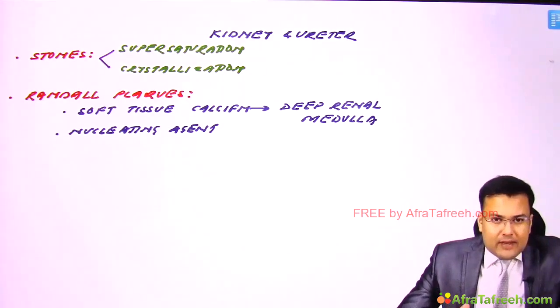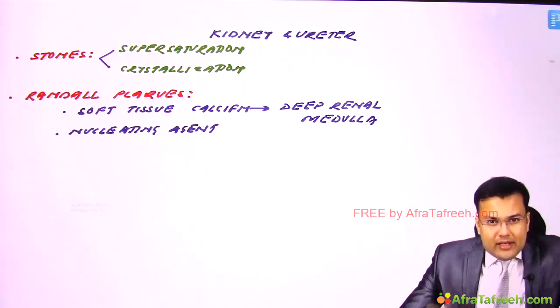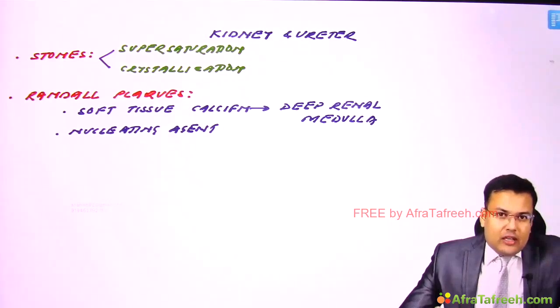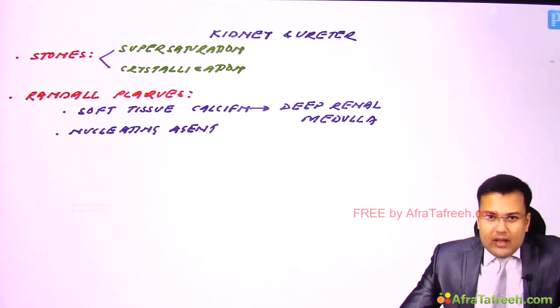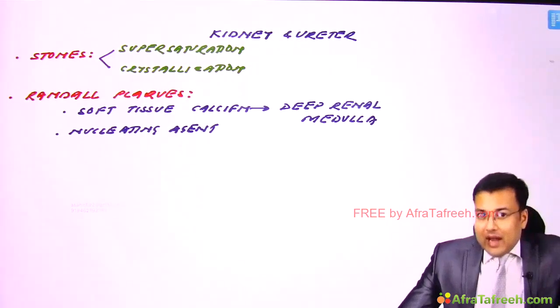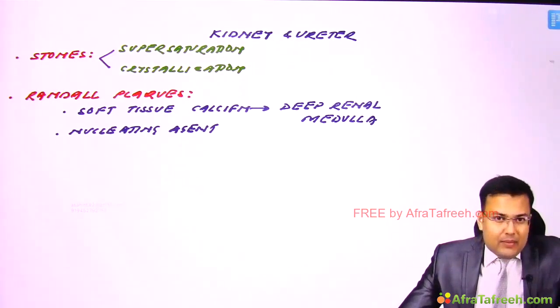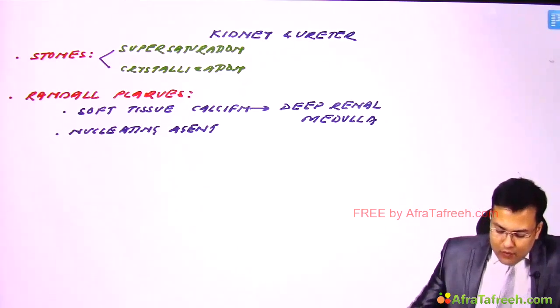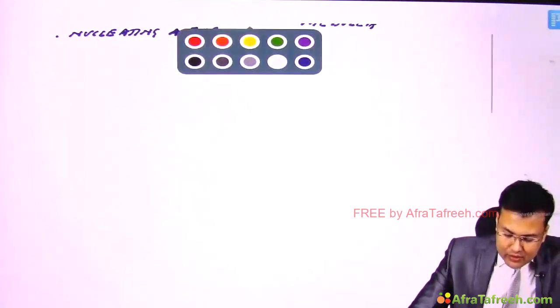So what will be the risk factors? Calcium increased concentration in the urine means hypercalciuria, oxalate means hyperoxaluria, and hypercalcemia. So the risk factors are hypercalcemia, hypercalciuria, hyperoxaluria. Clear?